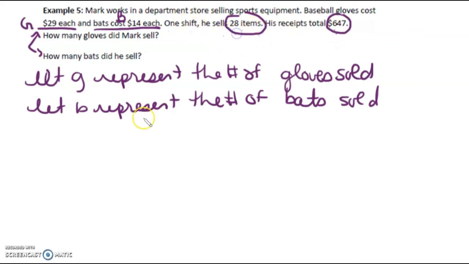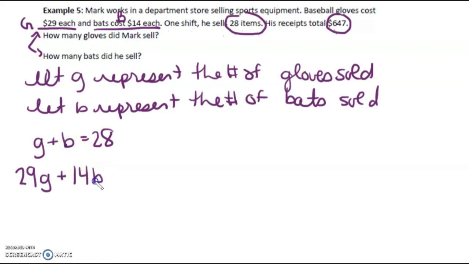We have 28 items, so the number of gloves plus the number of bats equals 28. Now converting this into money, the amount he earns off gloves is $29 times the number of gloves he sells, and the amount he earns off bats is $14 times the number of bats he sells. And this is going to equal 647.